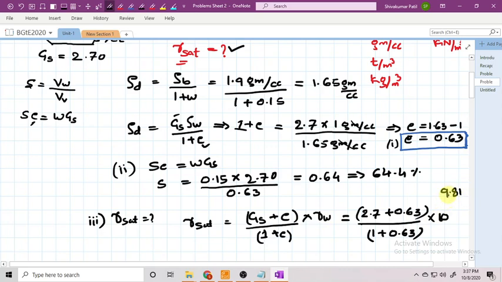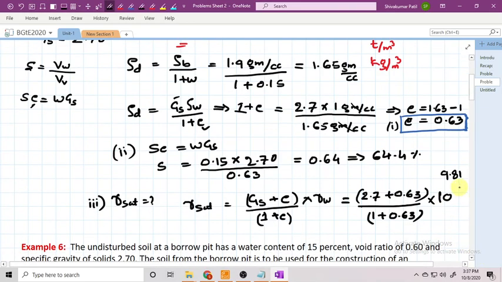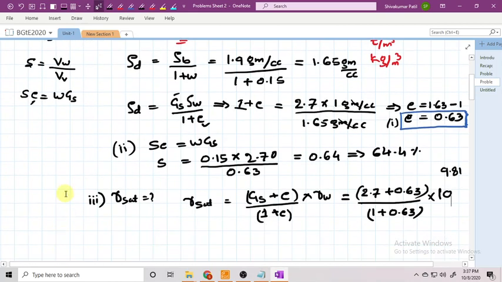There will not be much difference in the answer. For the sake of easy calculation, I will use the unit weight of water as 10. So calculate how much you will get. You should get around 20.4 kilonewton per meter cube.